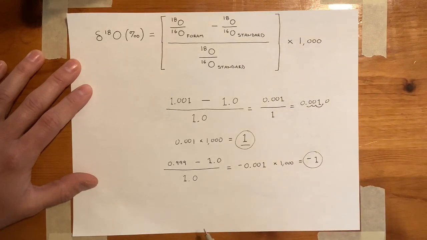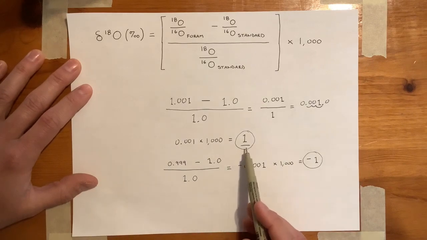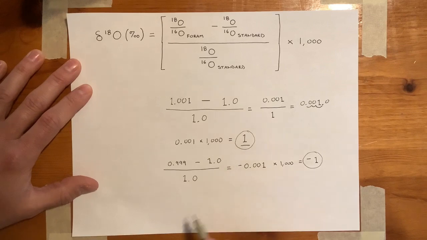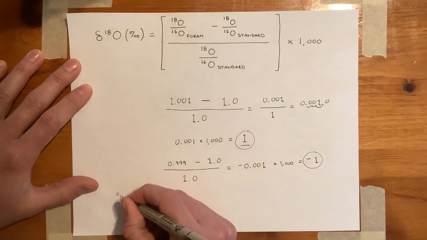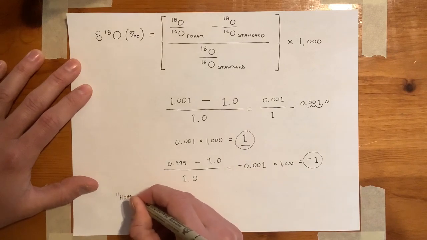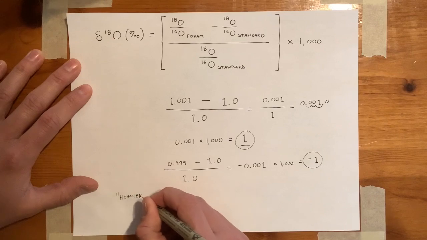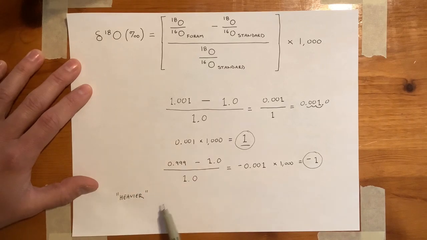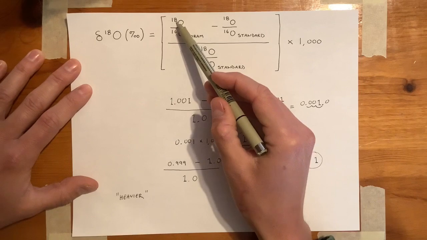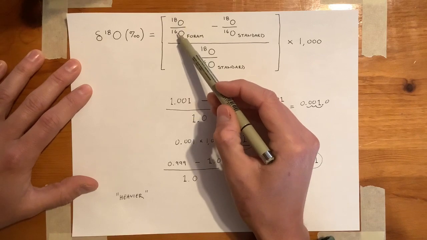So we can think of delta 18O values that increase in size from 0 to 1 as becoming isotopically heavier, because they're incorporating more oxygen 18, which is more massive. It's physically larger than oxygen 16 by 2 neutrons.